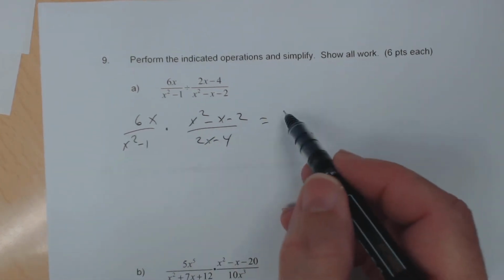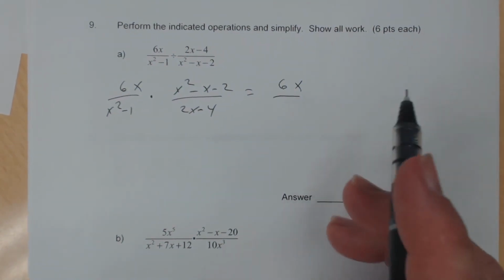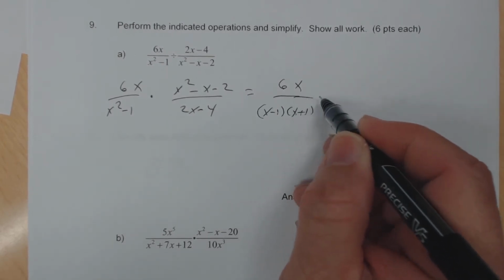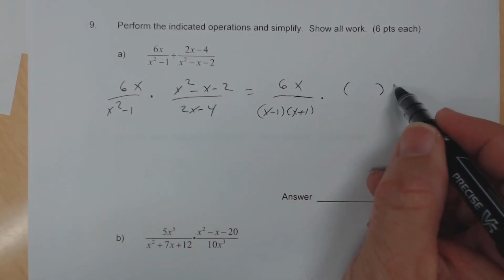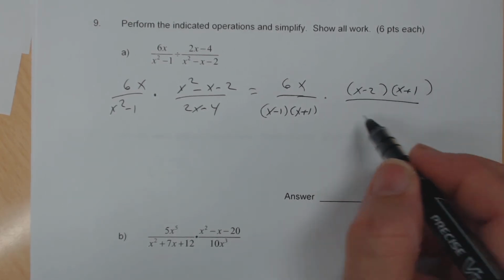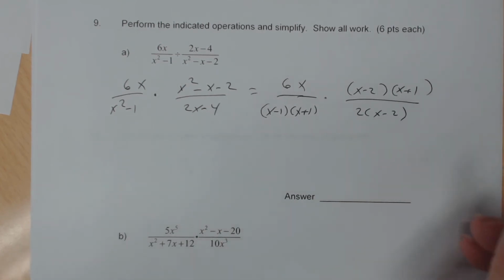And so I get 6x divided by, all right, so x squared minus 1 is the difference of two squares, so that's x minus 1 times x plus 1, times over here, that's going to be x minus 2 times x plus 1. The denominator I can factor out a 2, so that's 2 times x minus 2.